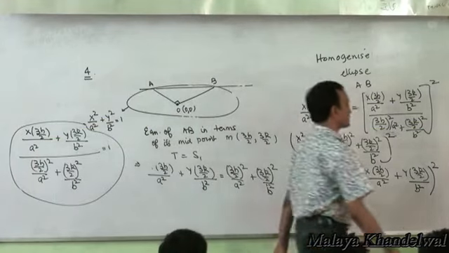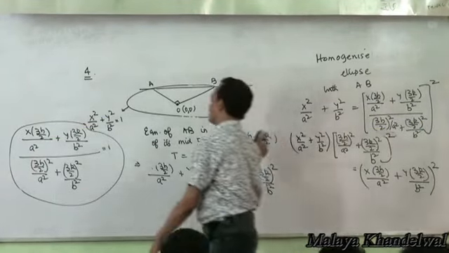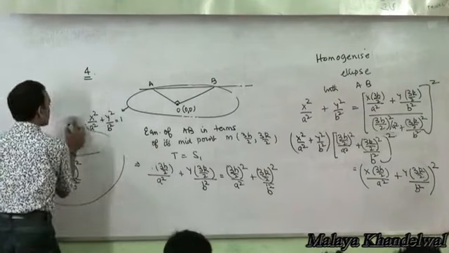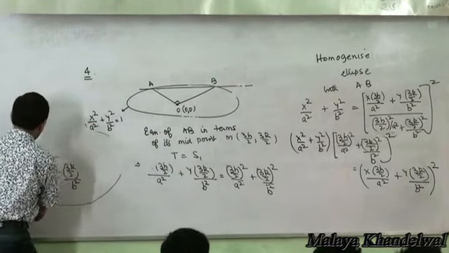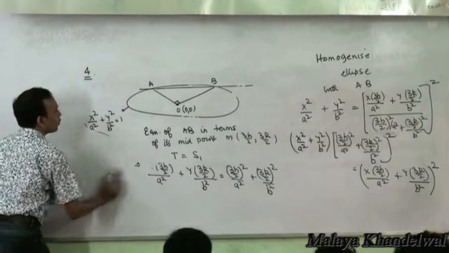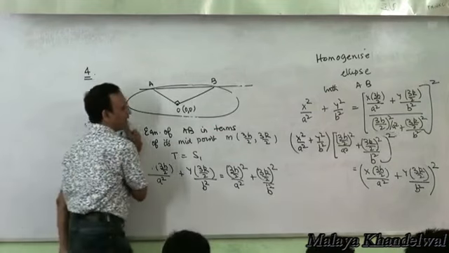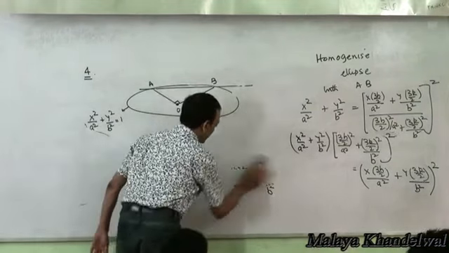Essentially, what would you get out of this? This will give you pairs of straight lines passing through the origin, that means the lines OA and OB. It will give you the combined equation of OA and OB.